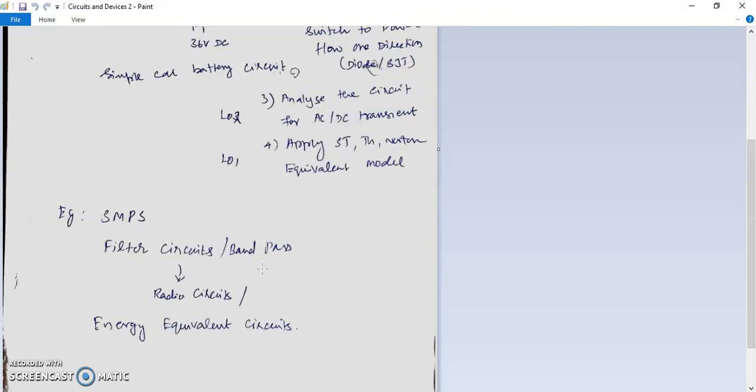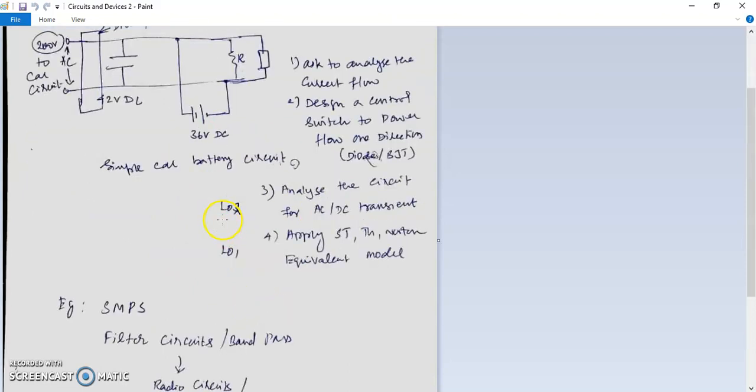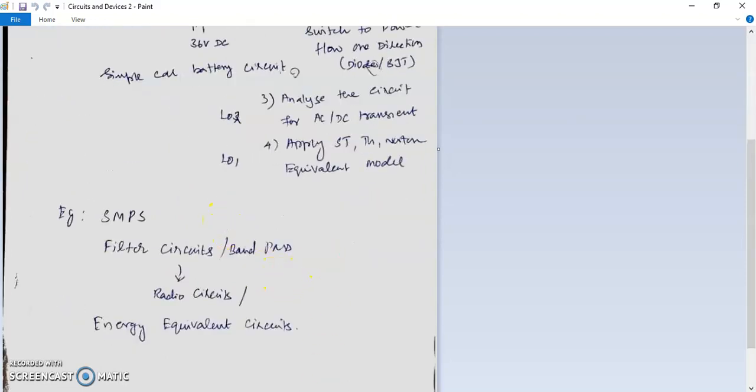So it's quite easy for you to do, I guess. So probably you can relook into this and come up with some sort of alternate assessment for this subject.